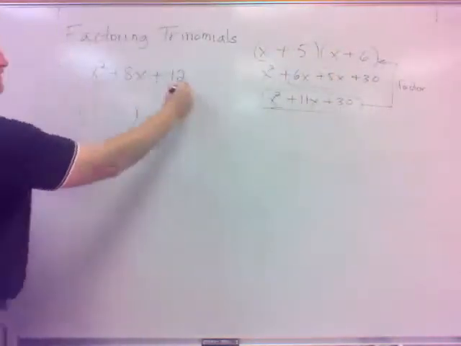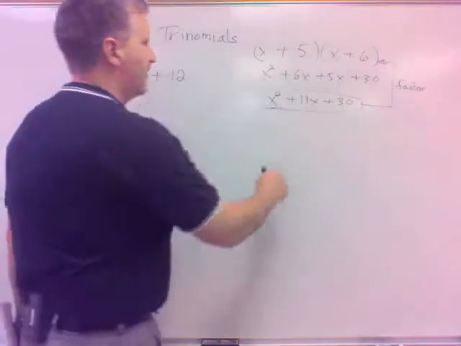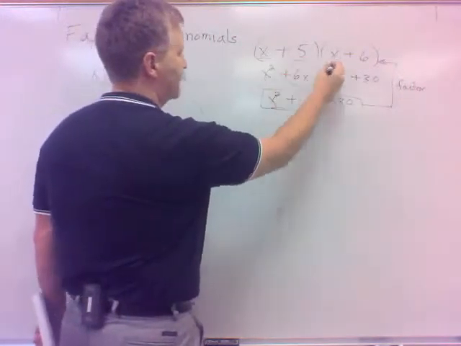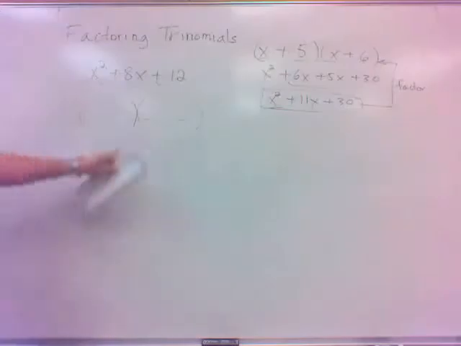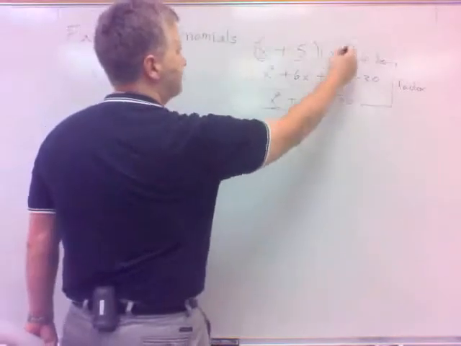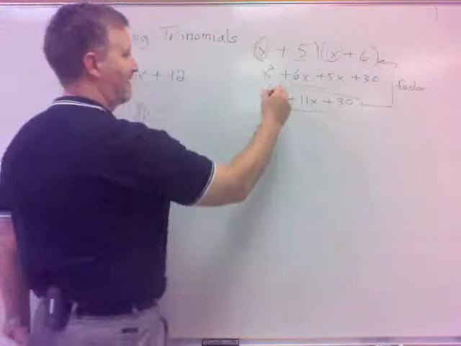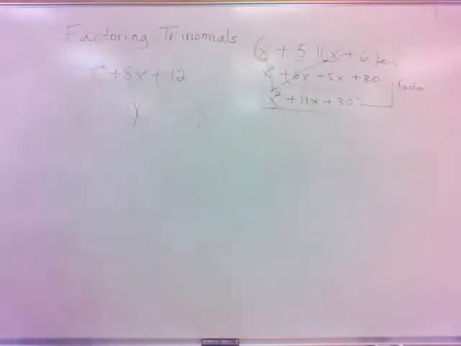This trinomial will factor, if it factors, into two binomials. Now, since it's two binomials, I've got two slots in each. Slot here, and then a slot for the other binomial there. And if you'll notice, this first slot here in each came from where? Well, it came from the x squared, didn't it?